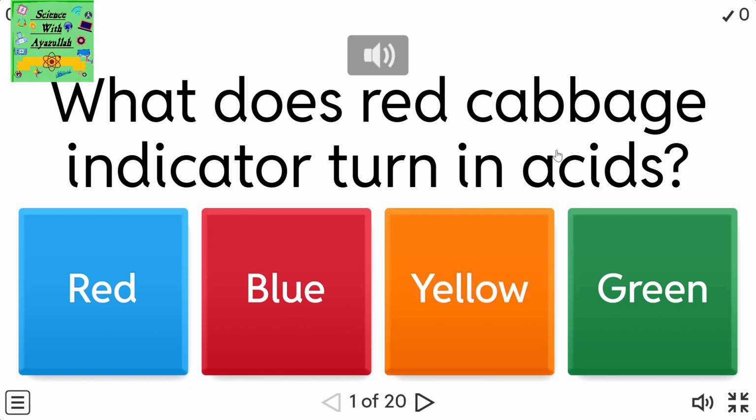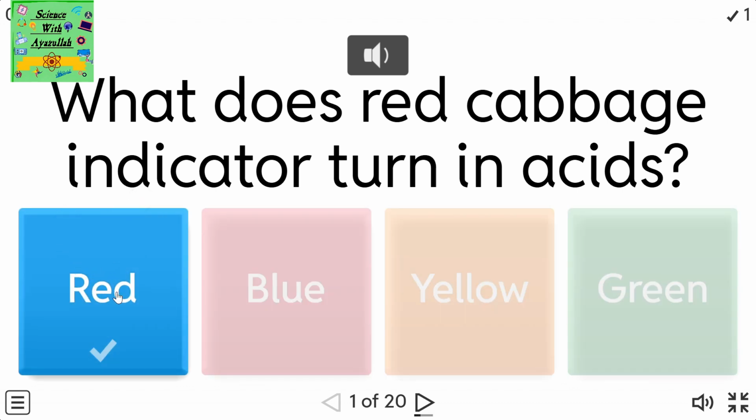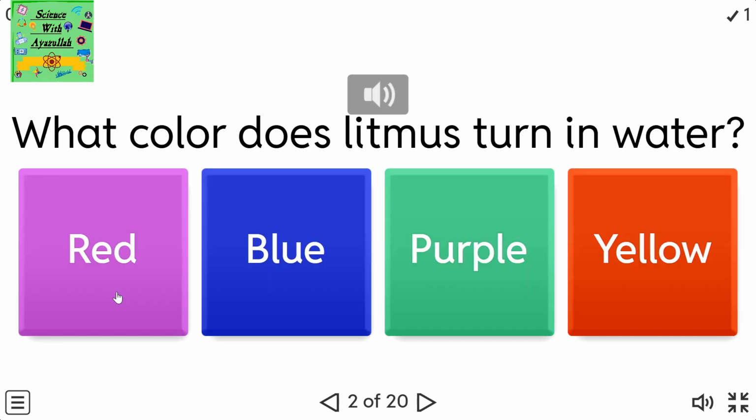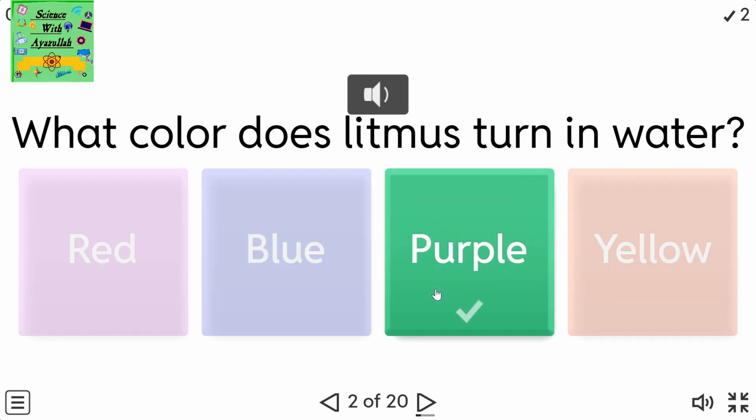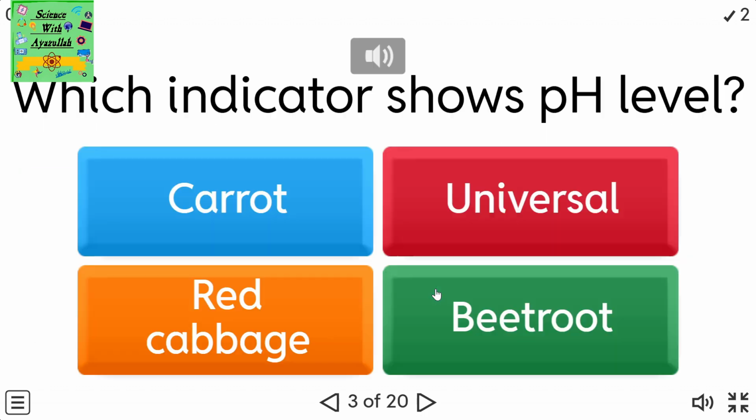What does red cabbage indicator turn in acids? What color does litmus turn in water? Which indicator shows pH level?